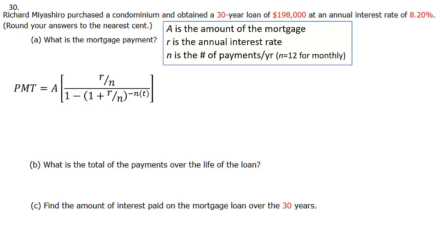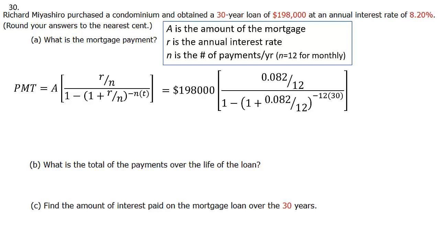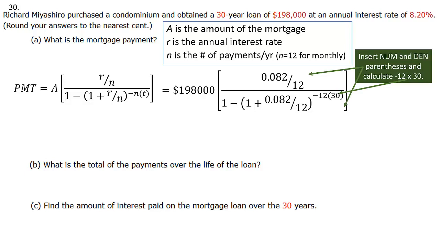Again, you've got to use the formula for the mortgage payment. All the letters are the same. A is the amount of the mortgage, which is $198,000. The interest rate is 8.2%, as a decimal 0.082. It's monthly, so N is 12, and we're doing a 30-year loan, so it's 30 for T. You want to multiply 30 times 12 for that bottom exponent, and of course, remember it's negative, so it comes out negative 360.